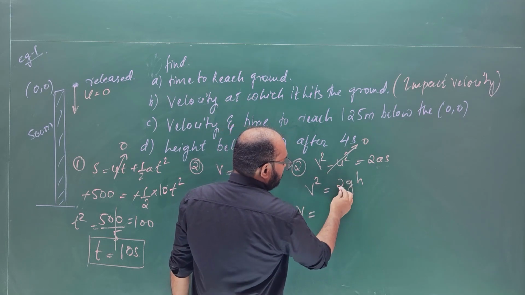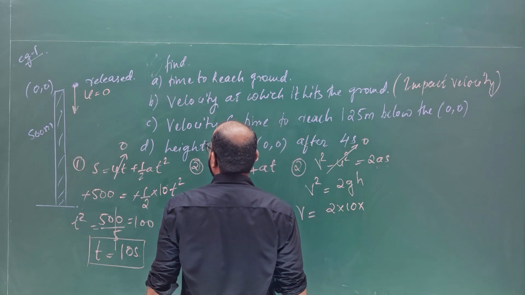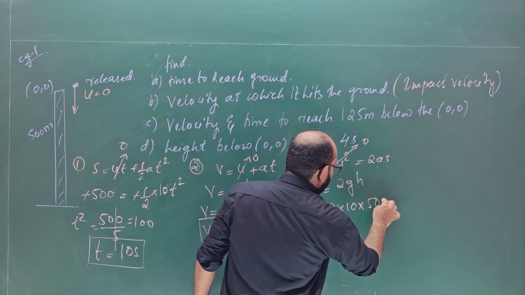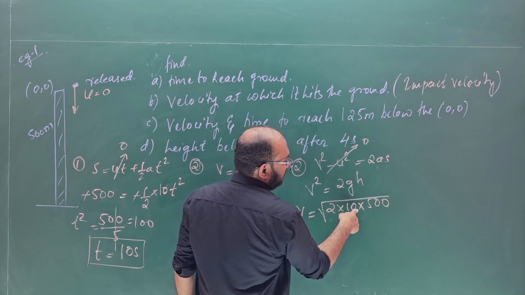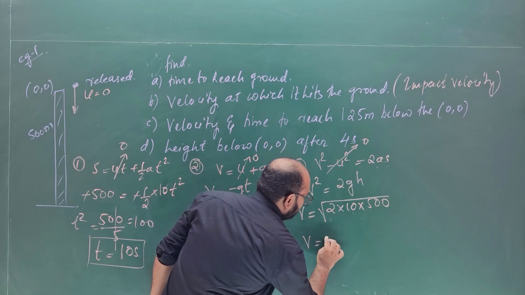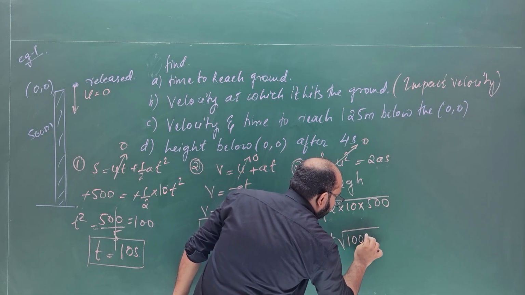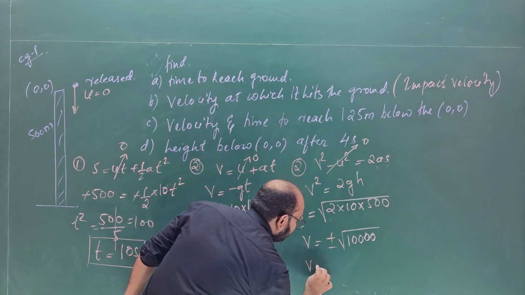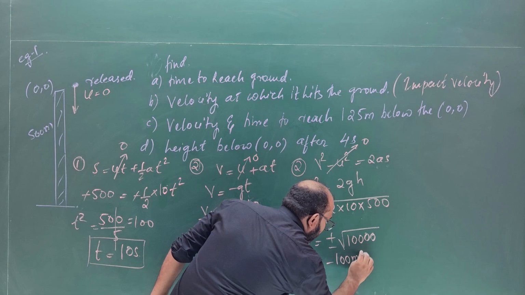So v squared equals 2 into 10 into the height, 500 meters. Applying the root, 5 into 2 is 10, and 10 means 4 zeros. So v equals plus or minus the root of 10,000, or this can also be written as v equals minus 100 meters per second.